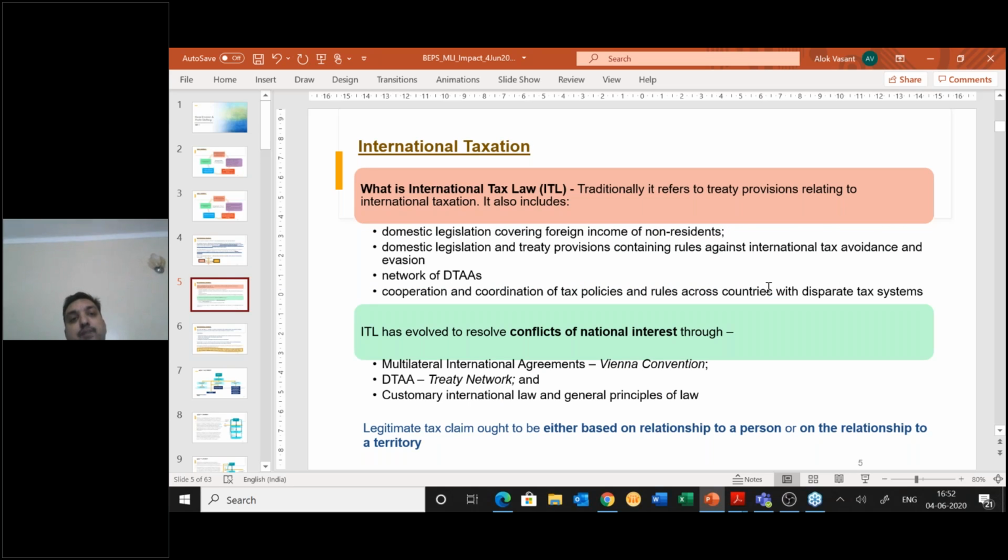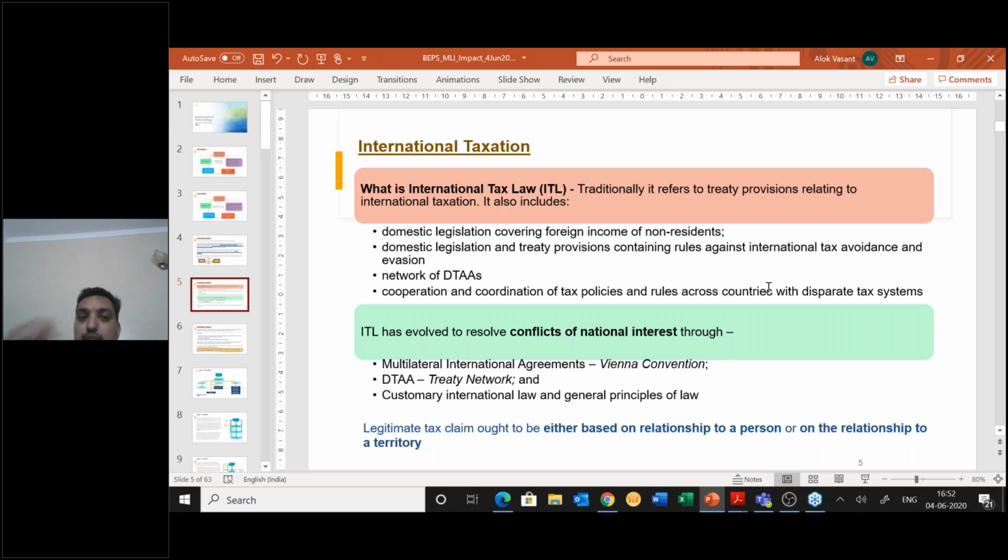So now, what is the international tax law? Traditionally, it refers to treaty provisions relating to international taxation. It includes domestic legislation governing foreign income of non-residents. It includes domestic legislation and treaty provisions containing rules against international tax avoidance and evasion.